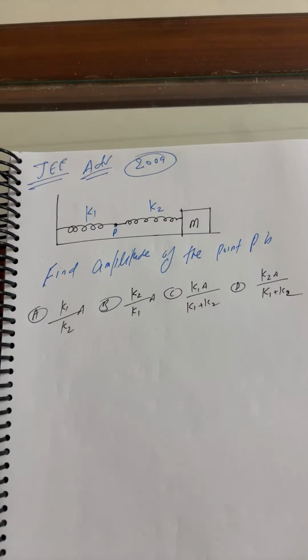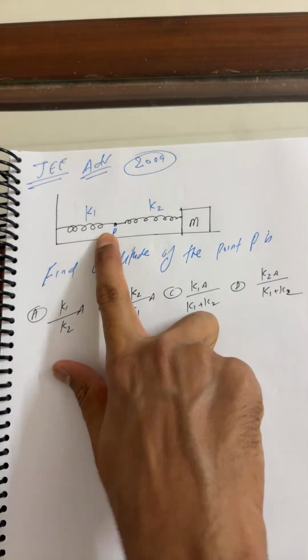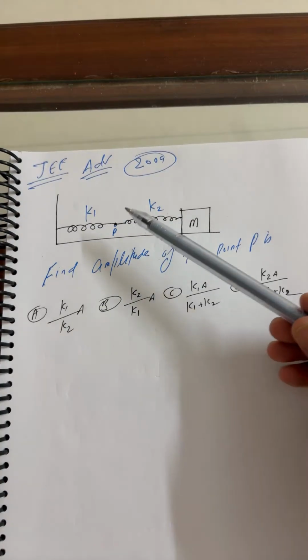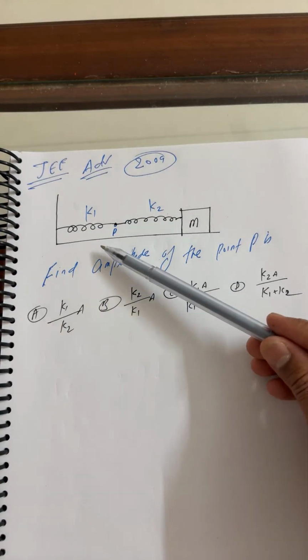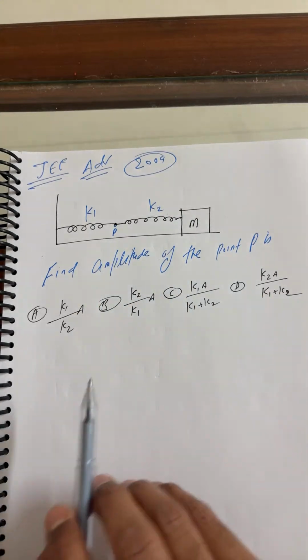Think like this: if the spring of spring constant K1 is compressed by x1 length, then K2 is also compressed by x2. The particle is performing SHM.